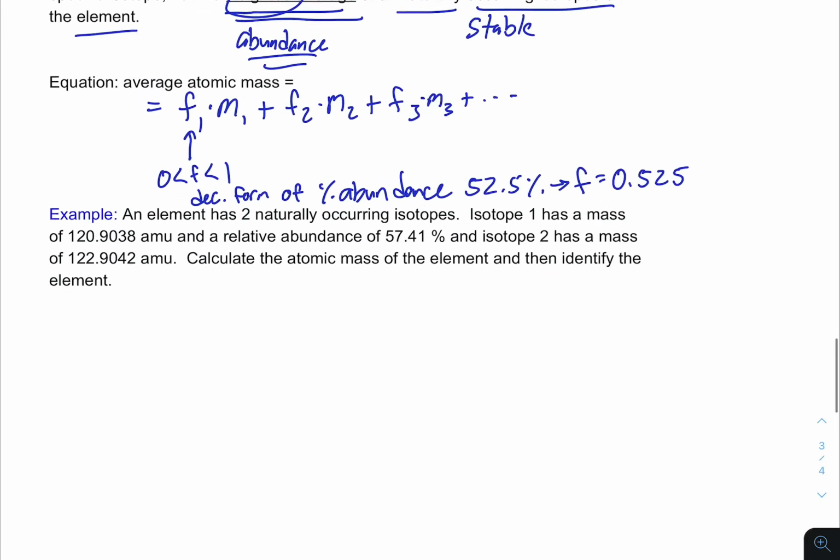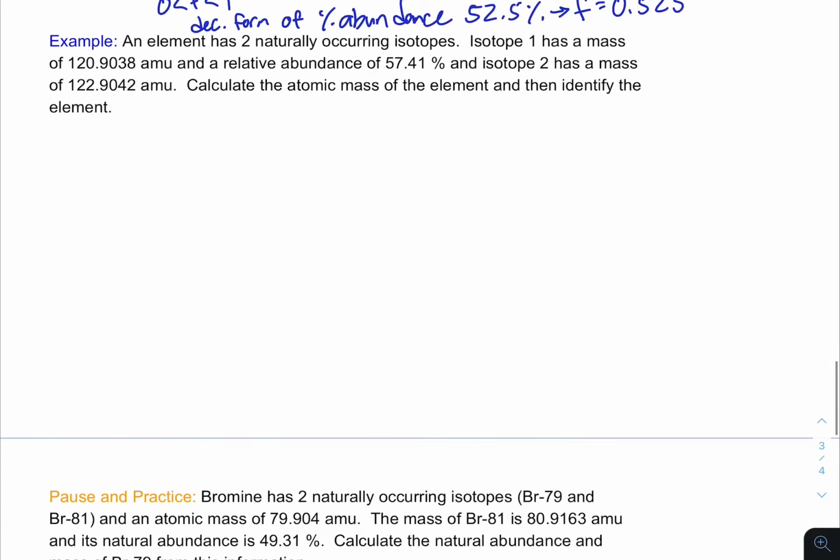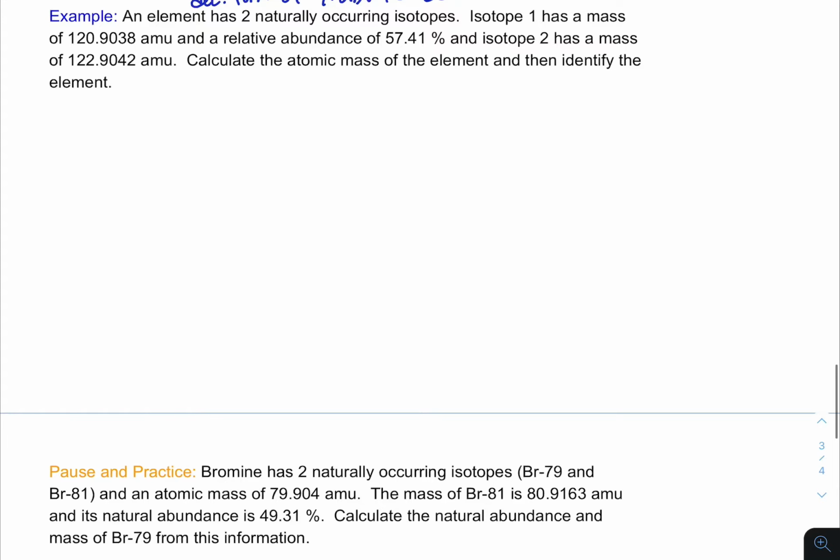how we apply this. So here what we have is an element has two naturally occurring isotopes. Isotope 1 has a mass of 120.9038 and a relative abundance of 57.41. So let's go ahead and write that data down. Isotope 1 has a mass of 120.9038.